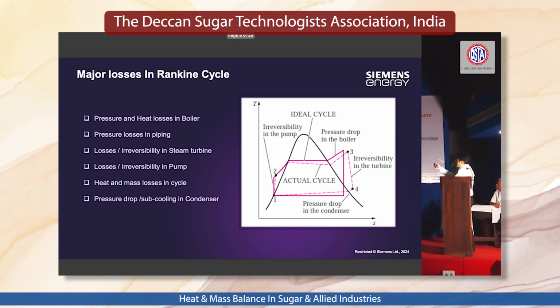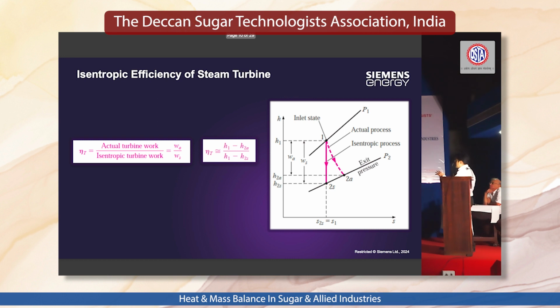Then there will be some irreversibility in the steam turbine. There will be some losses and irreversibility in the pump. There will be heat losses and also mass losses in the cycle, and there will be some subcooling at the condenser outlet and a pressure drop. All these things we can target to optimize the efficiency.